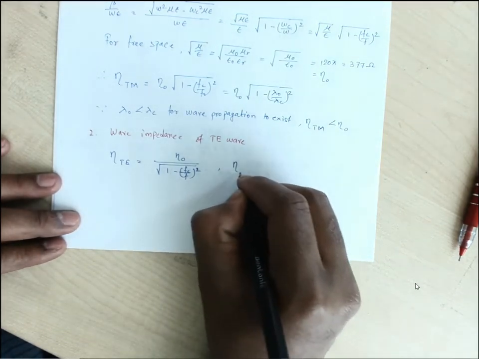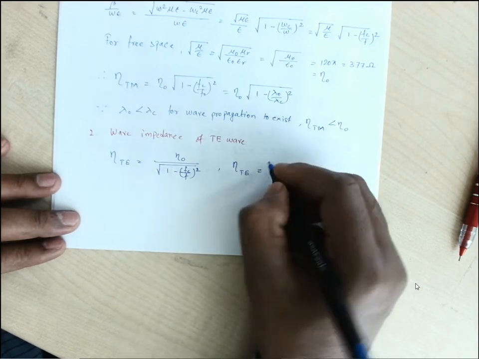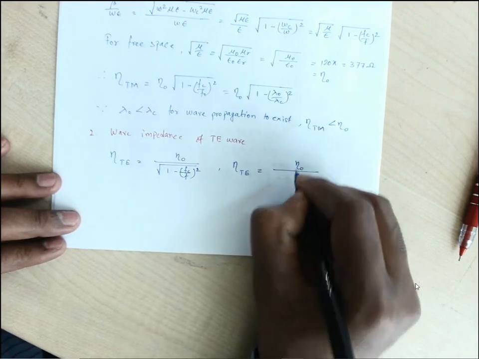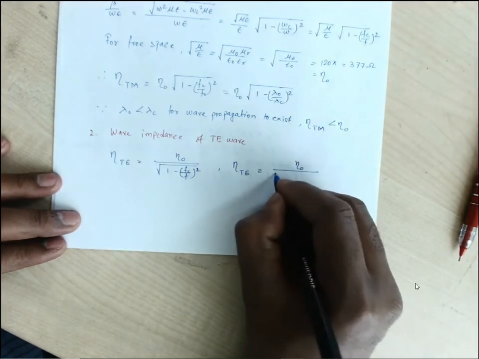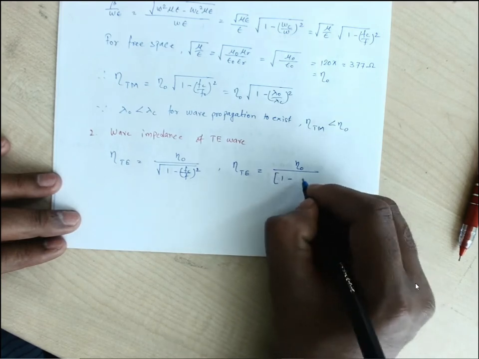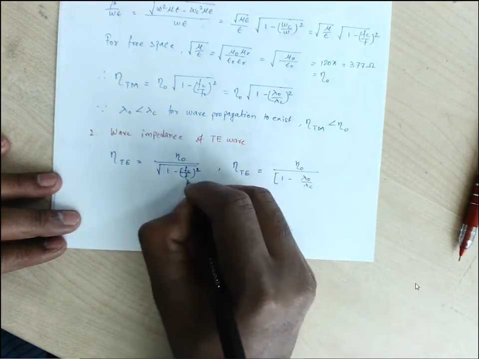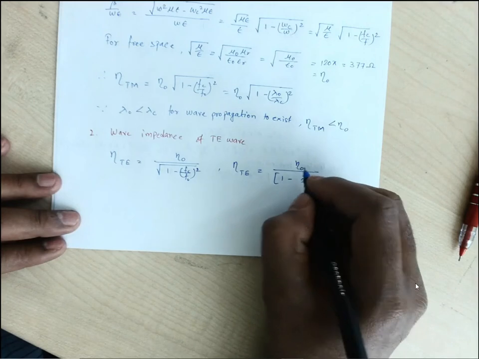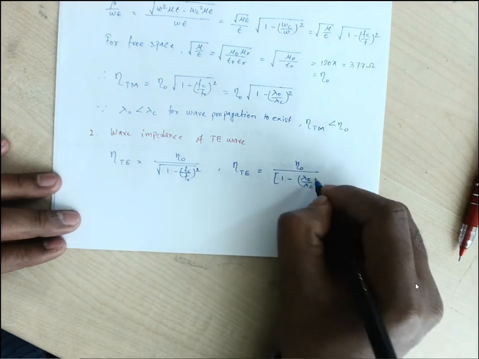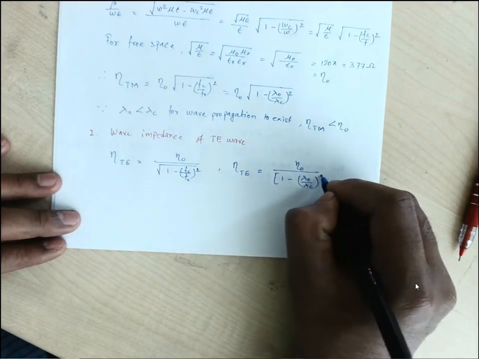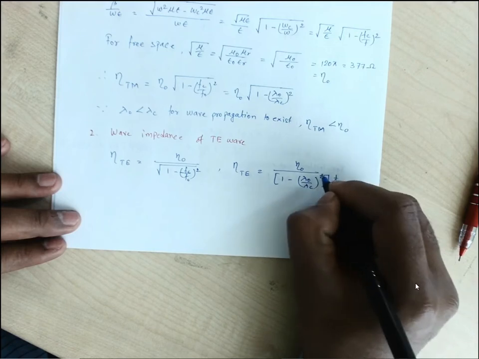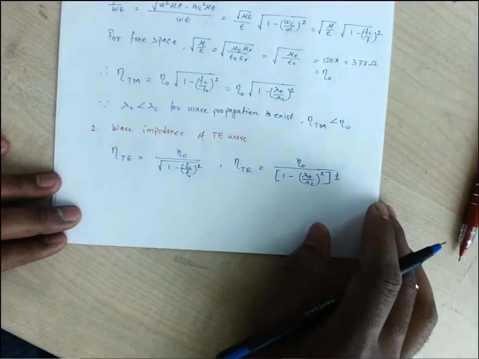Therefore in terms of wavelength, it is eta naught by [1 minus (lambda naught by lambda c) whole square] to the power half, where f naught is the operating frequency in free space.